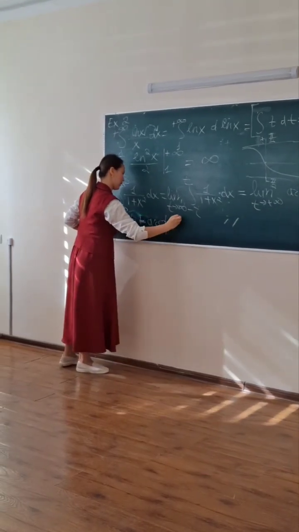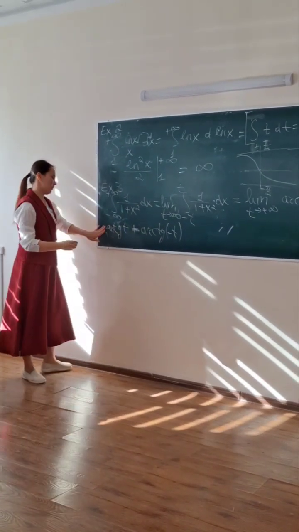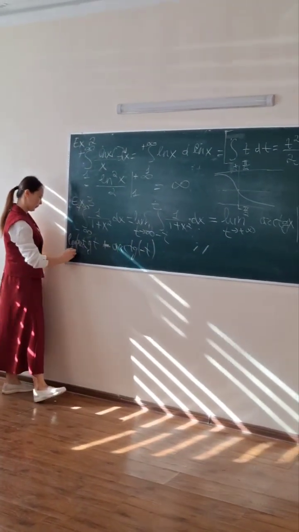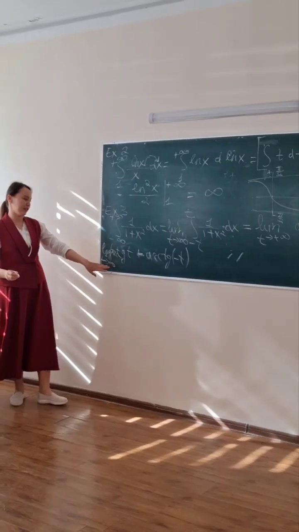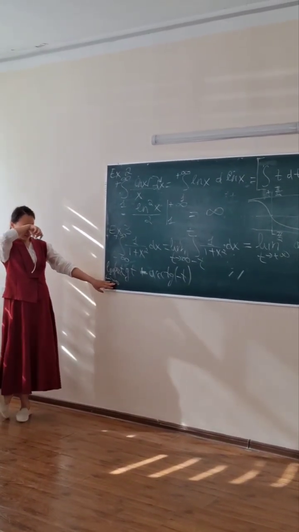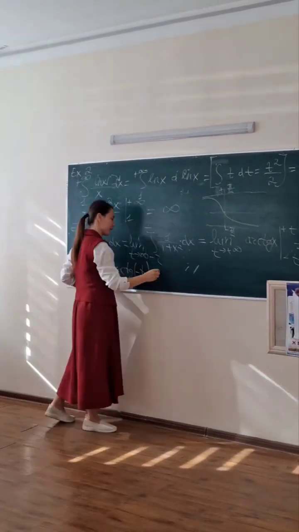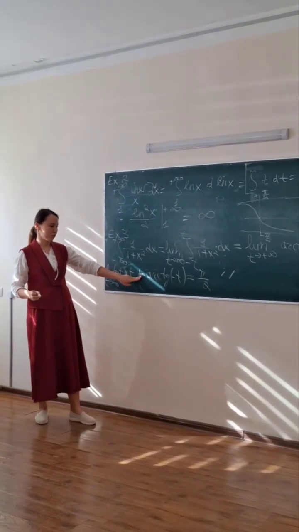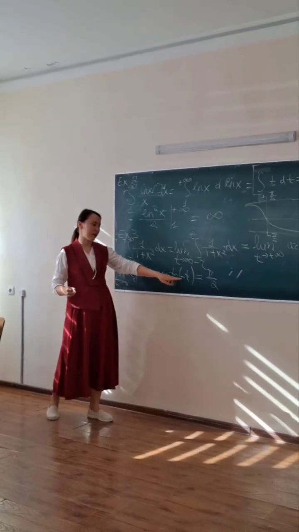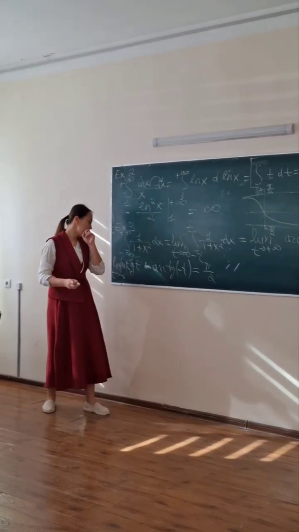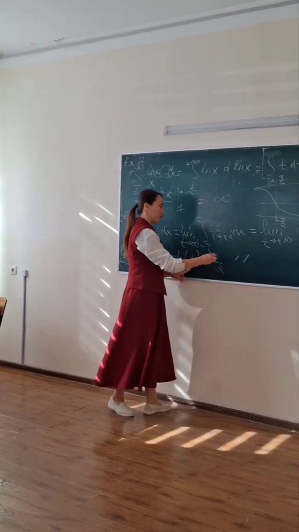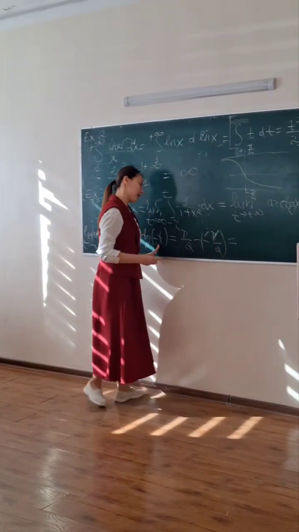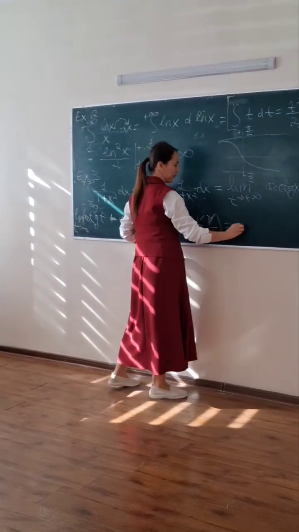If t is plus infinity, arctangent t is equal to pi divided by 2, and minus arctangent of minus t is also pi divided by 2. The result is we can take pi.